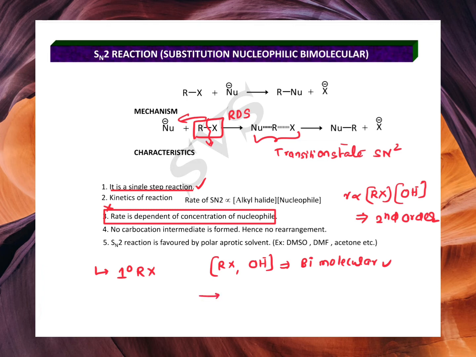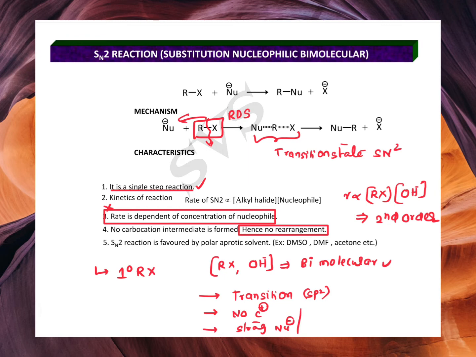So, a very important point you need to remember. In the transition state, hybridization is going to be sp2. No carbocation, hence no rearrangement. We require a strong nucleophile.